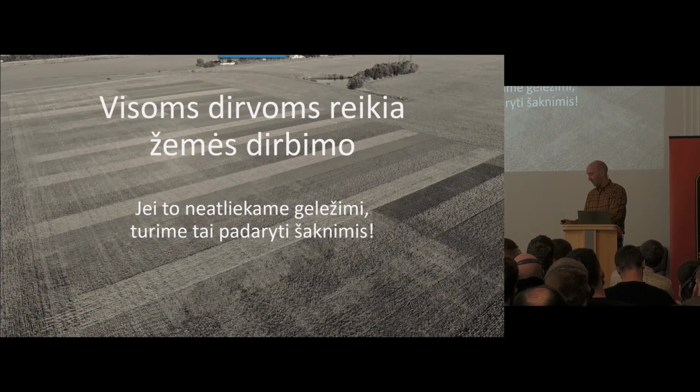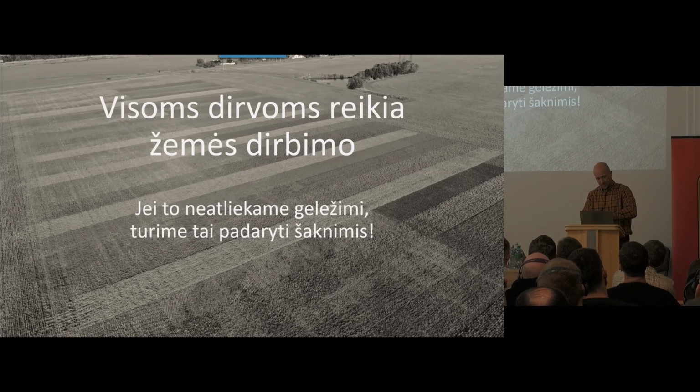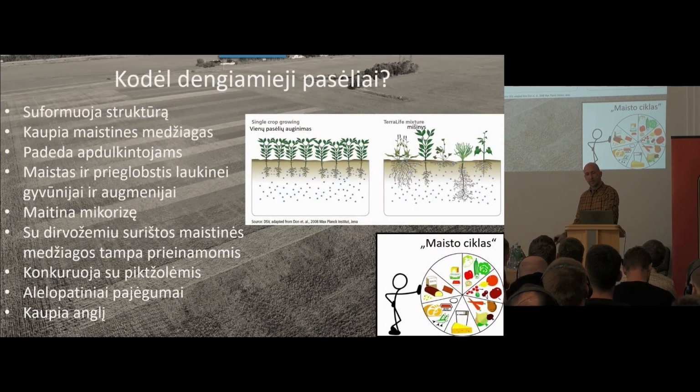I do believe all soils need fertilizer, all soils need tillage. And if I don't do it with steel, I have to do it with roots instead. So that's why the cover crops are so important to this system. It will not work without cover crops.